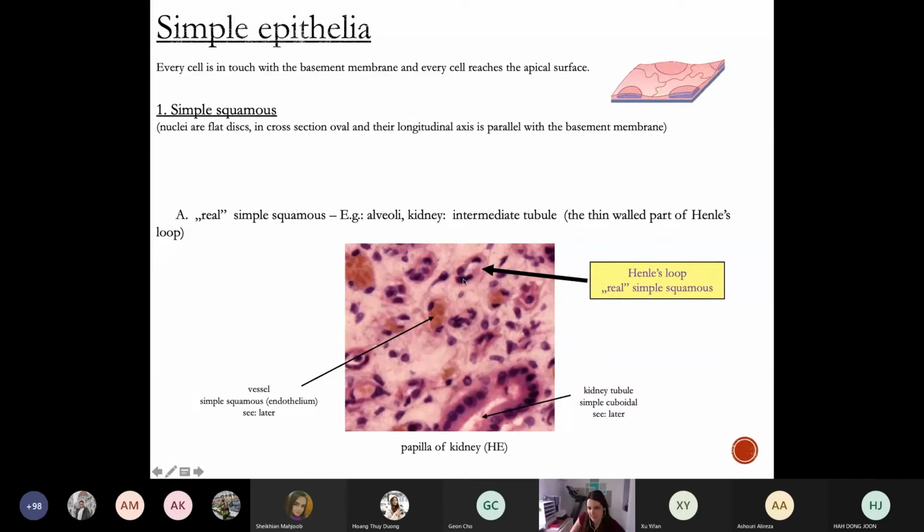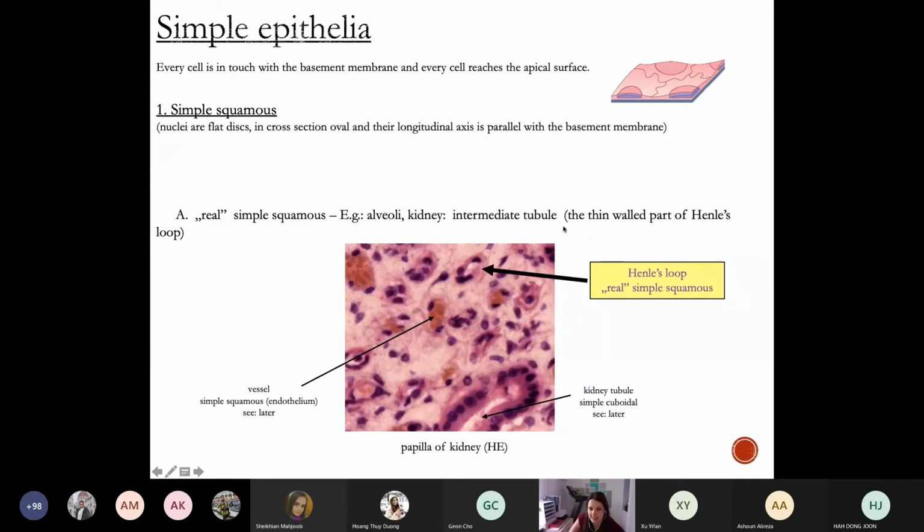This is what we can see in the first picture. And if you already had your histology labs this week, then you already saw this picture and this slide. This is from the papilla of the kidney, and here we can see different types of simple squamous epithelium. Okay, the first one is this real type.